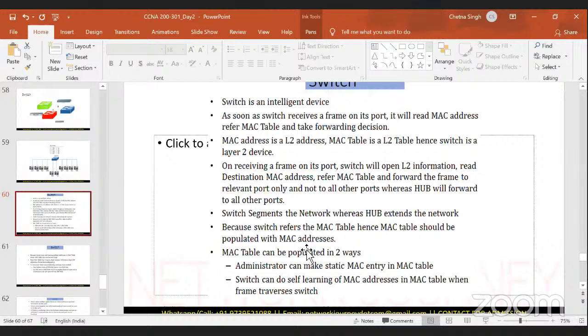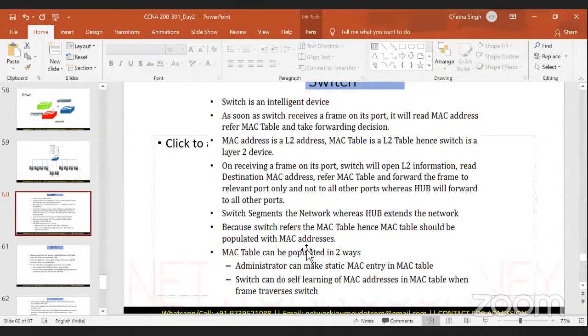Now, on receiving the frame, this is very, very important. All the important points I have jotted down on the slide so that you can also read, in case you have missed any of my points while I speak. On receiving a frame, the switch will open the L2 information and, as I said yesterday, it will first check who you are.